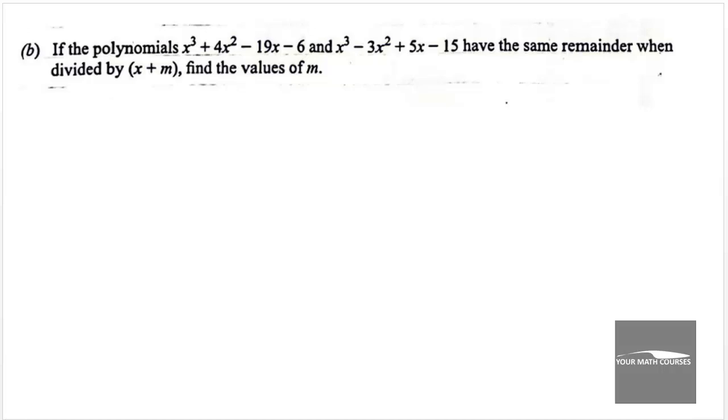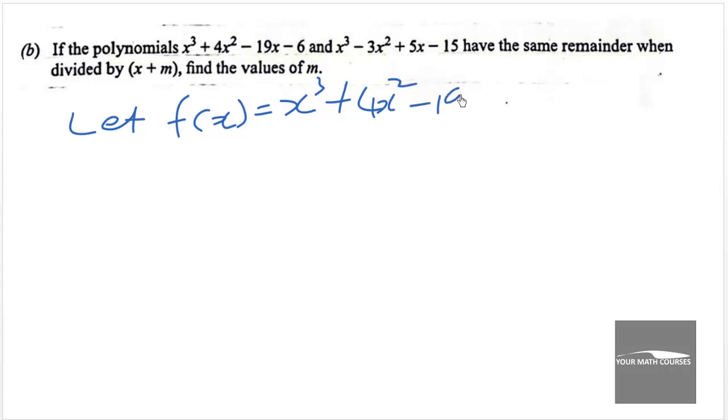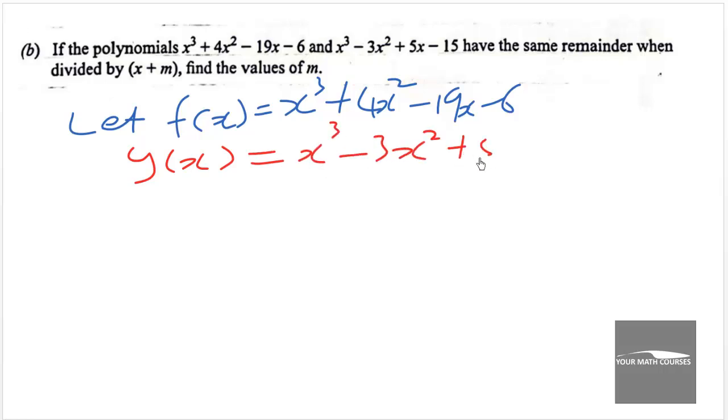So let f of x be equal to x cubed plus 4x squared minus 19x minus 6. Then we have g of x equal to x cubed minus 3x squared plus 5x minus 15.